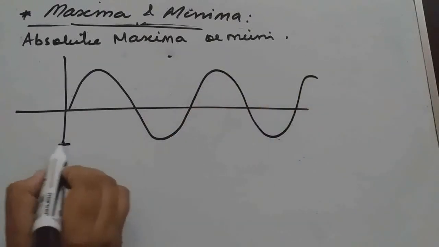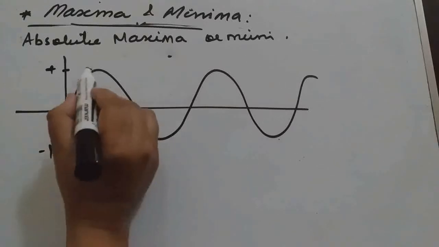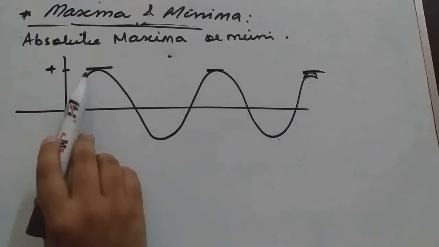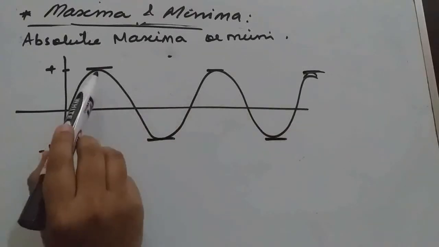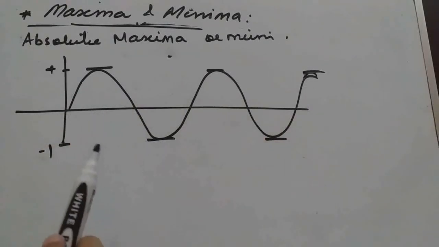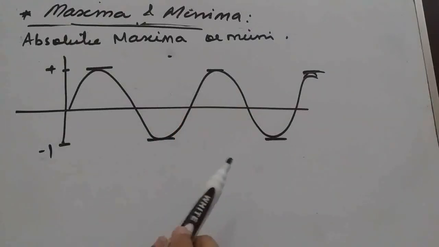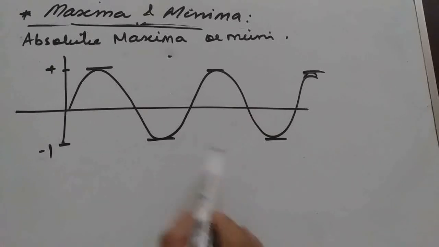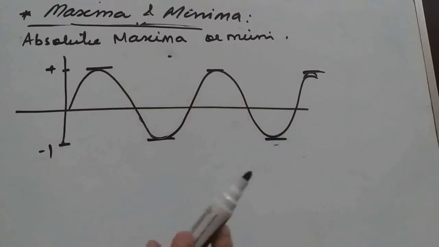We know range of sine x is plus 1 to minus 1, isn't it? So at all these points derivative is 0, here also. So many local maxima the sine function has, uncountable maxima. Here also uncountable local minima, because a turning point is there and increasing, decreasing we can see.